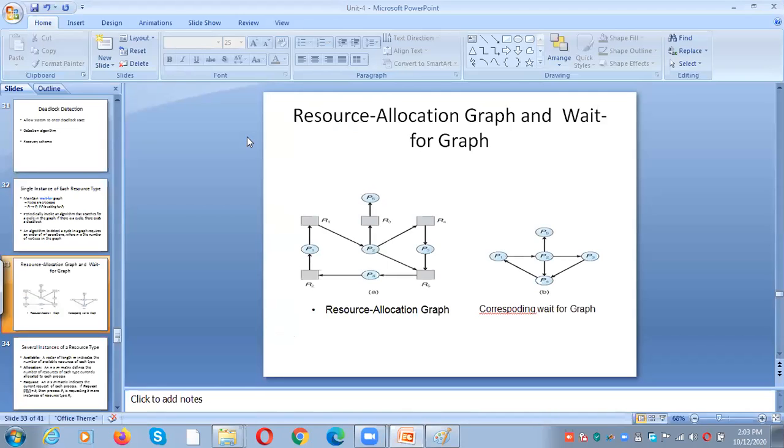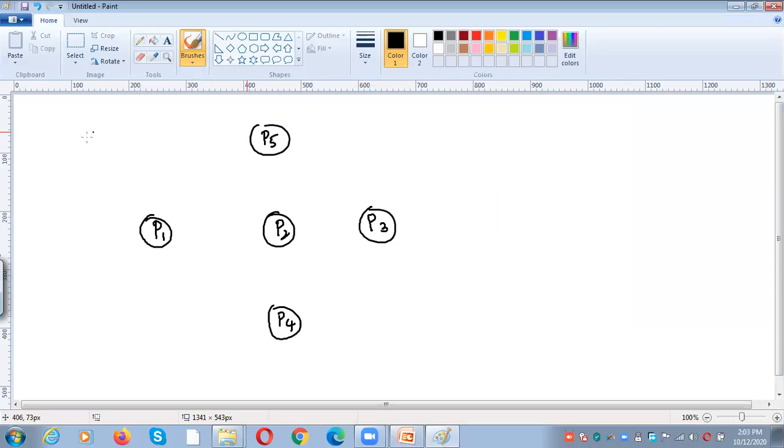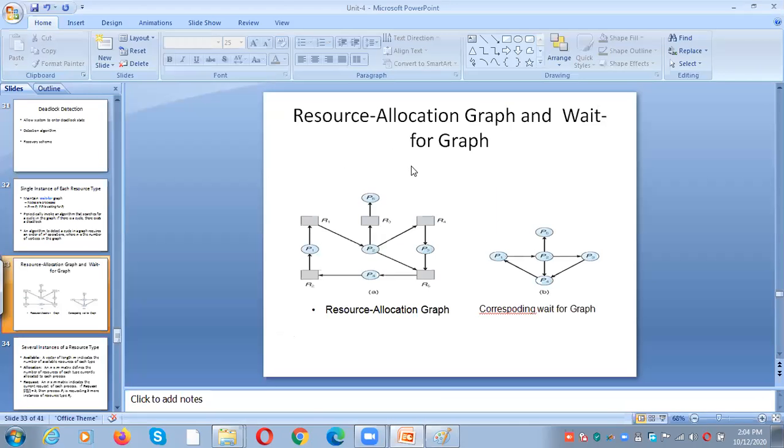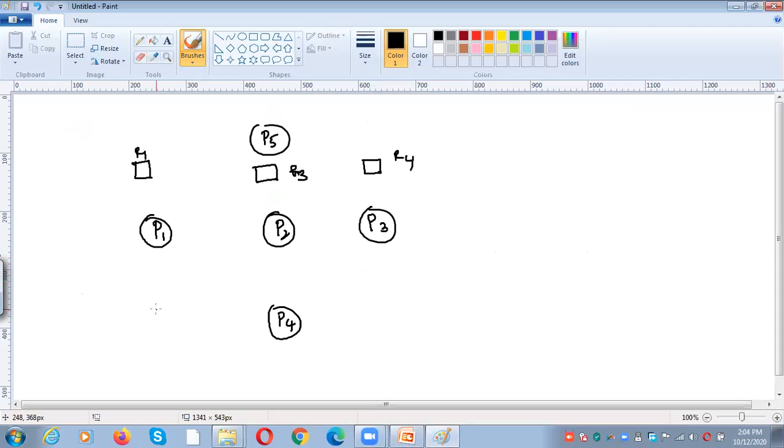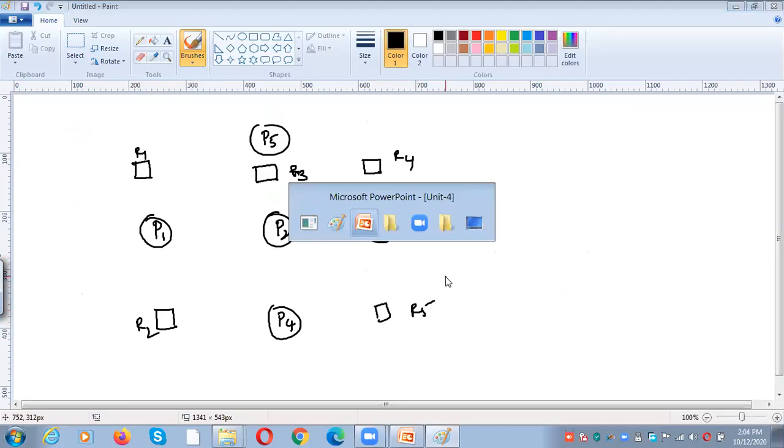And then R1, R3, R4, and then R2, R5 are the resources. Then what are the directions?